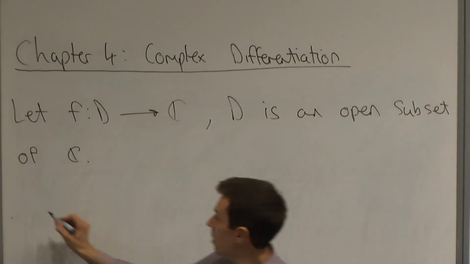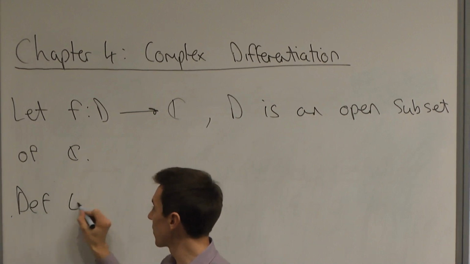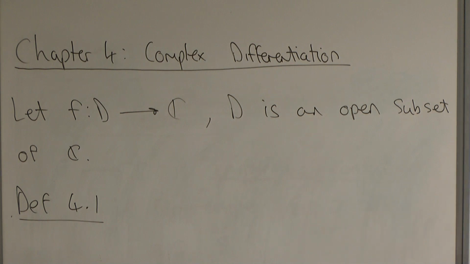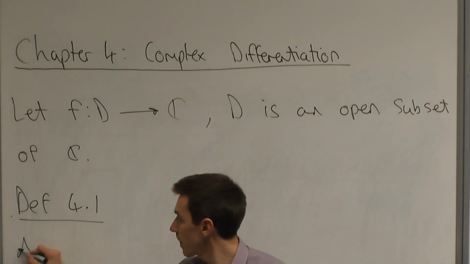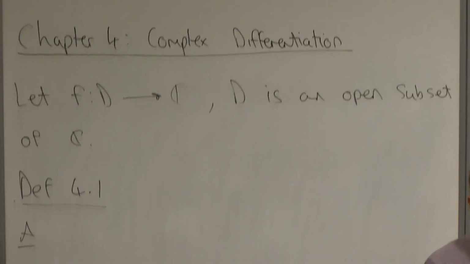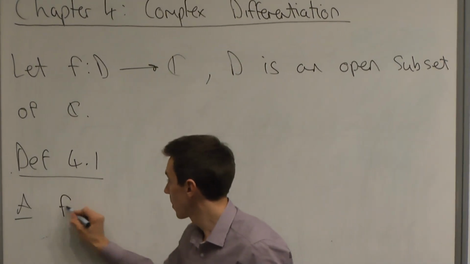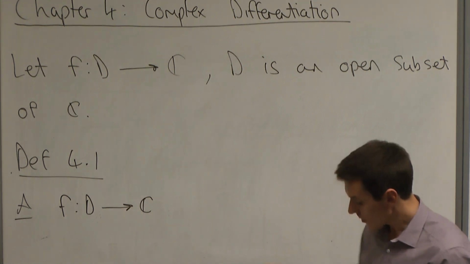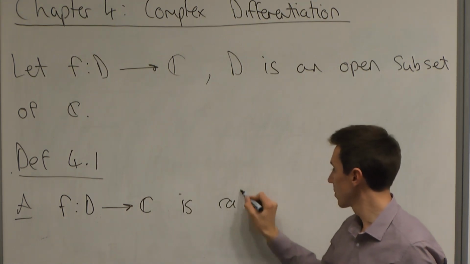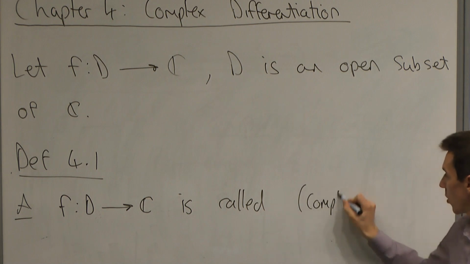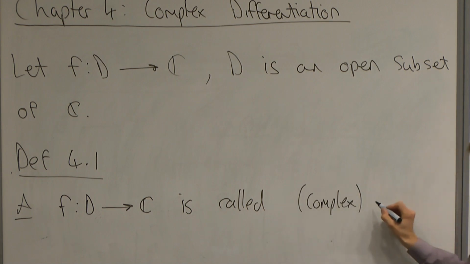then the first definition, so definition 4.1 or 17.1 in the book, part A, defines complex differentiable. So f is called complex differentiable.